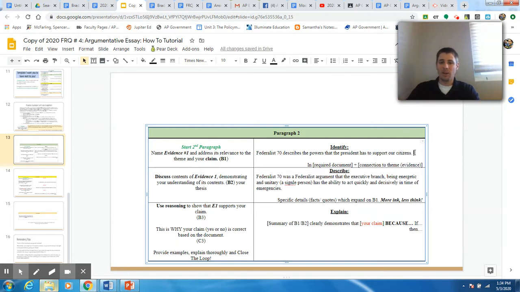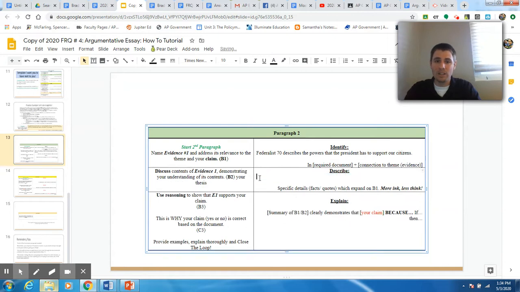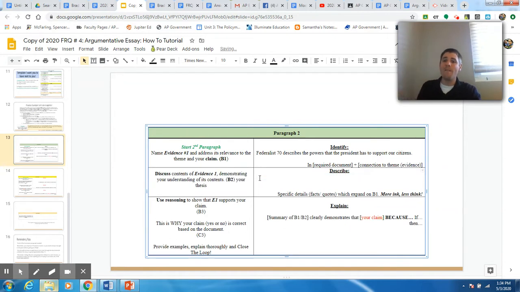Maybe I should do more to relate it to the prompt, so in times of national crisis. But my description is where I'm going to go into more detail about what Fed 70 is and what it calls for and how it relates to one person being quicker, being swifter, to protect our citizens.